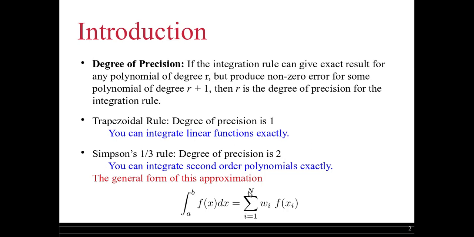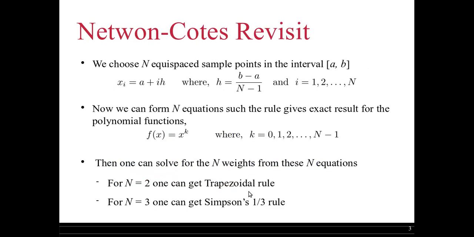We can just revisit our Newton-Cotes method. We choose n equispaced sample points in the interval a to b, where my sample points xi's are a plus ih, where h is the segment length. b minus a is the total length of the integral interval, and n minus 1 is the number of segments.